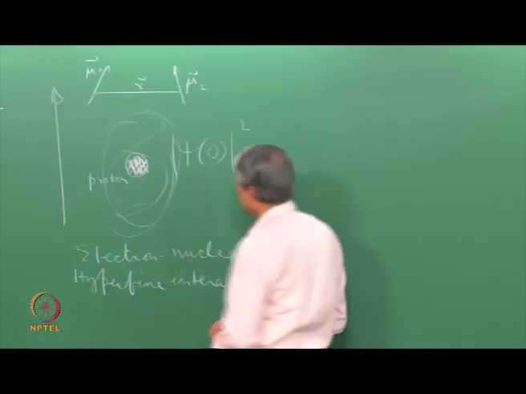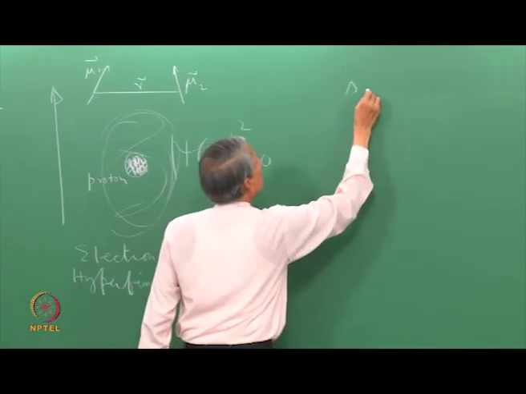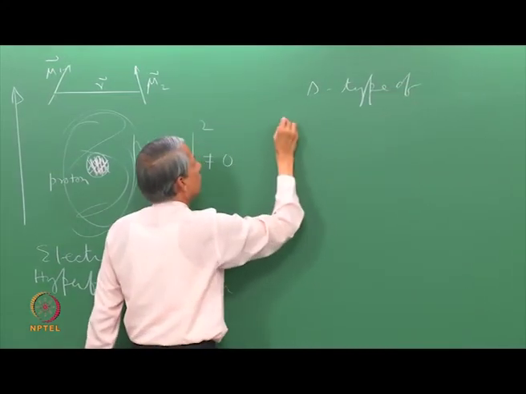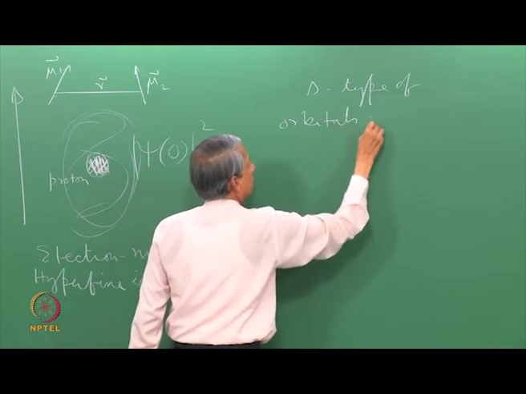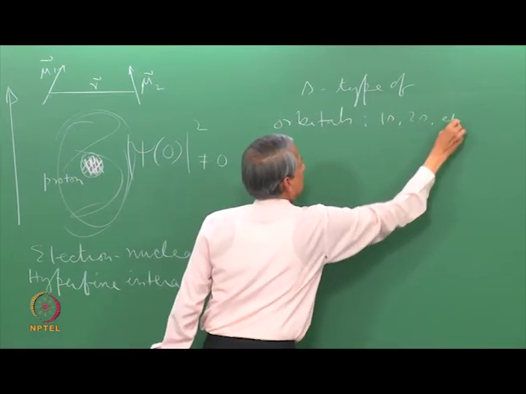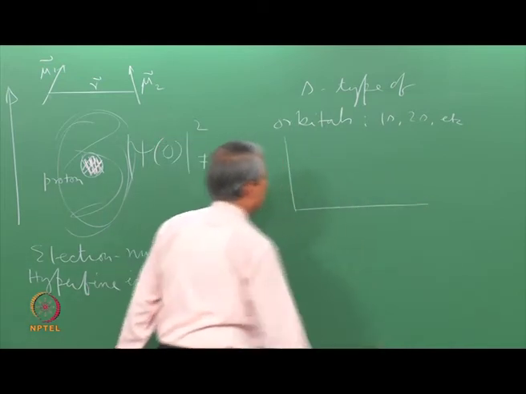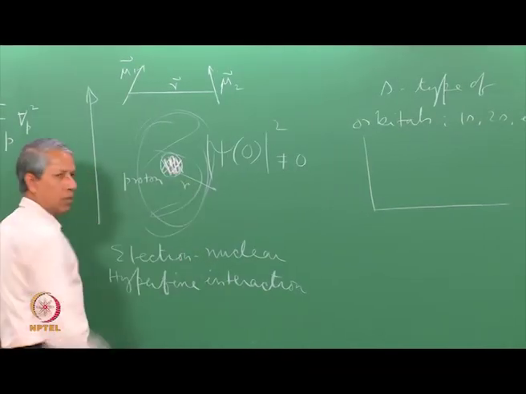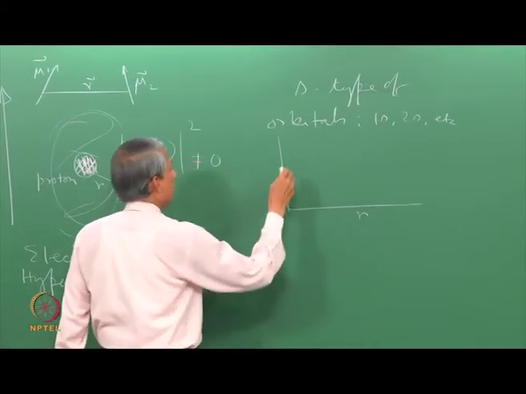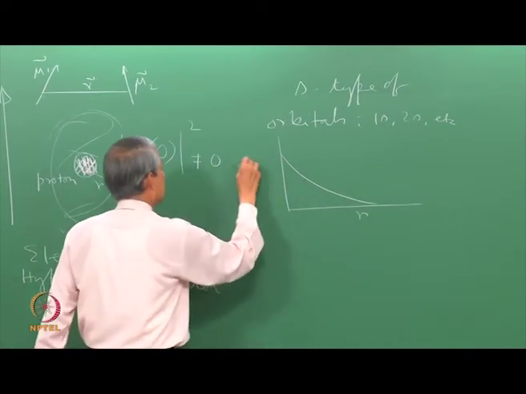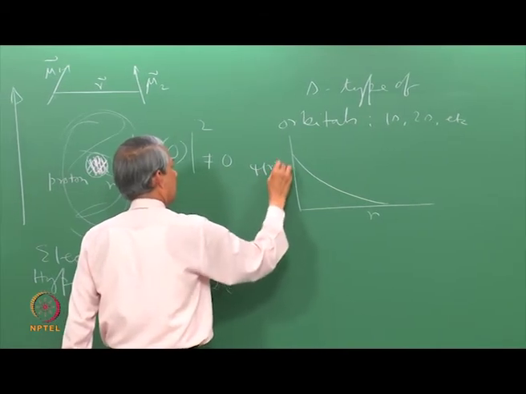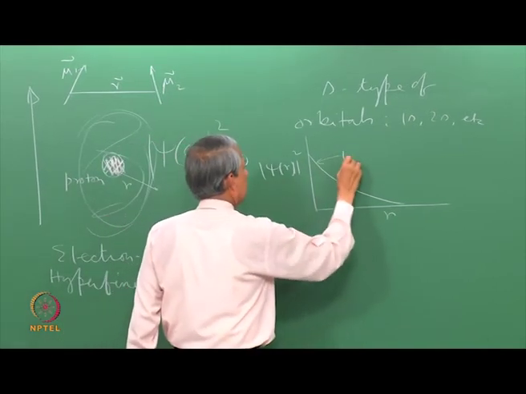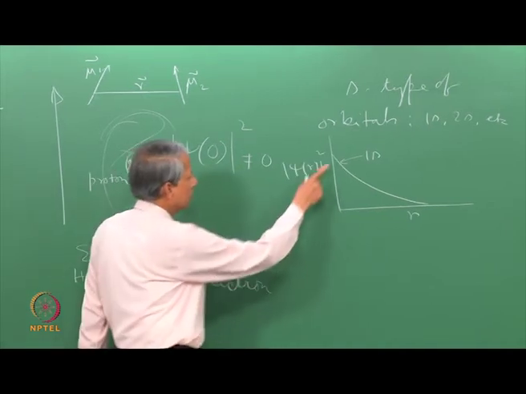We know from the property of hydrogen orbitals, it is the s type of orbital, for example 1s, 2s, etc. So, here if we plot the wave function squared, psi r squared, as a function of the distance r from this nucleus, for the 1s orbital it goes down exponentially.